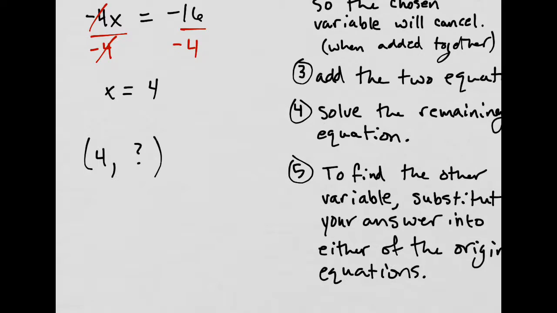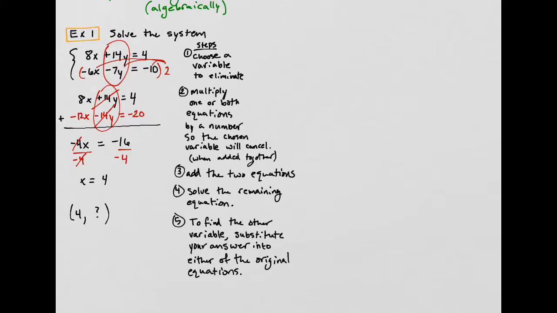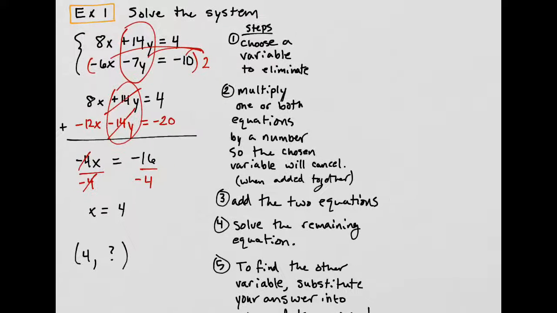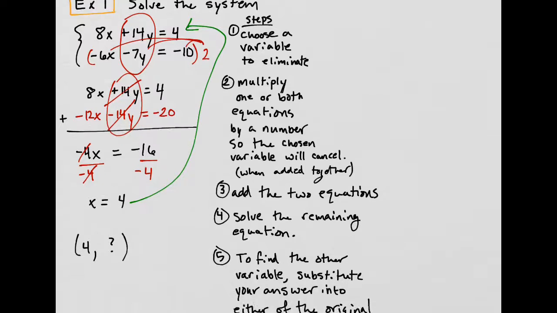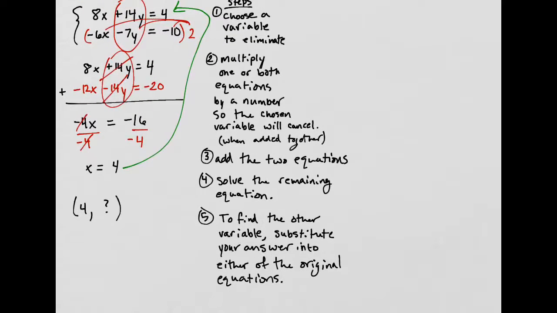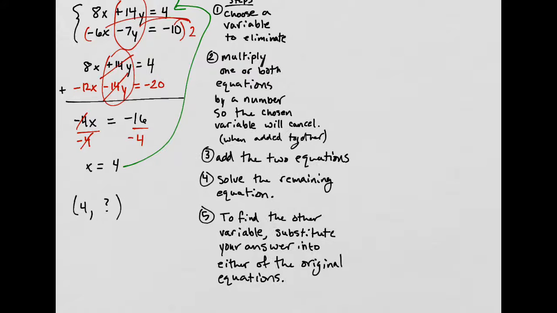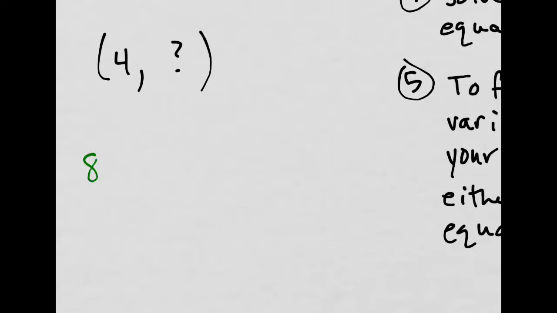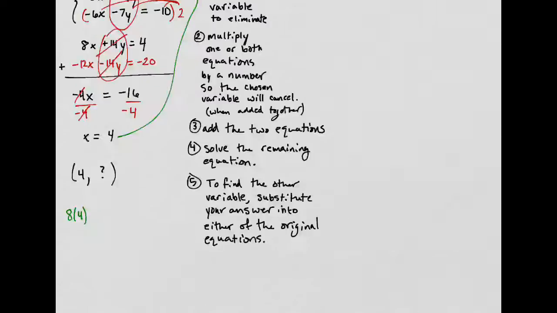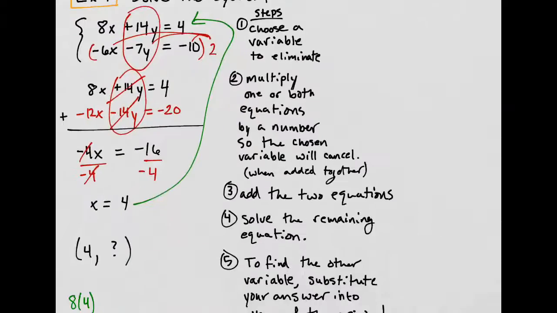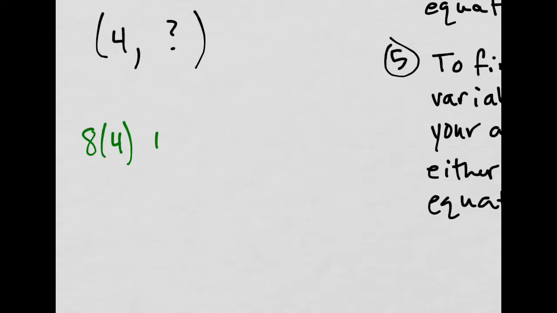I'm going to do it to the top equation. So instead of 8 times x, I'm going to get 8 times 4 plus 14y. I don't know what y is, so I have to leave it there.